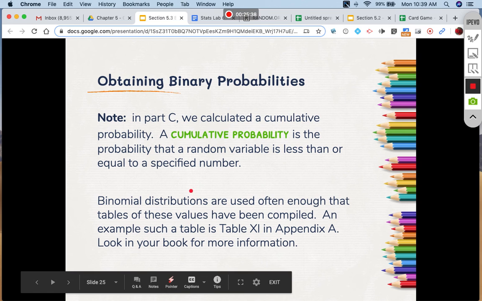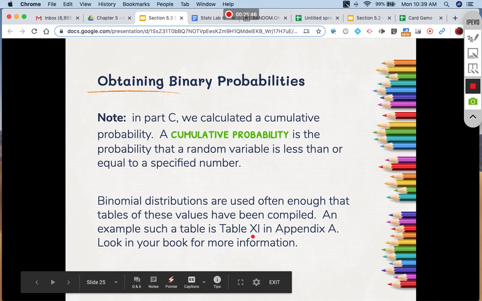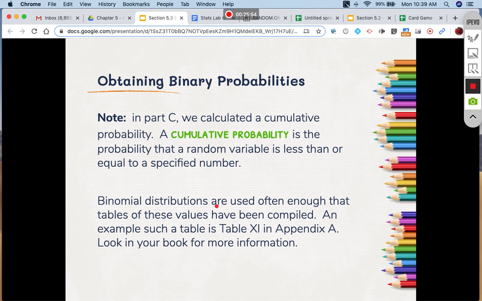And this is done enough that we have tables for that. So if you're one of my students with our textbook, it's in Table 11 and Appendix A, the binomial distributions, that will give you the cumulative probabilities.